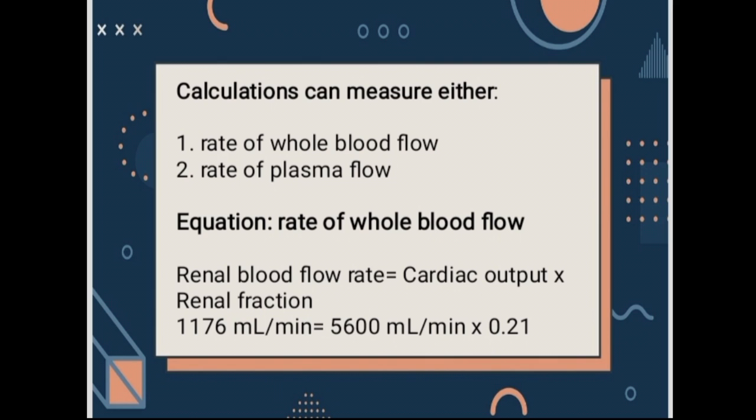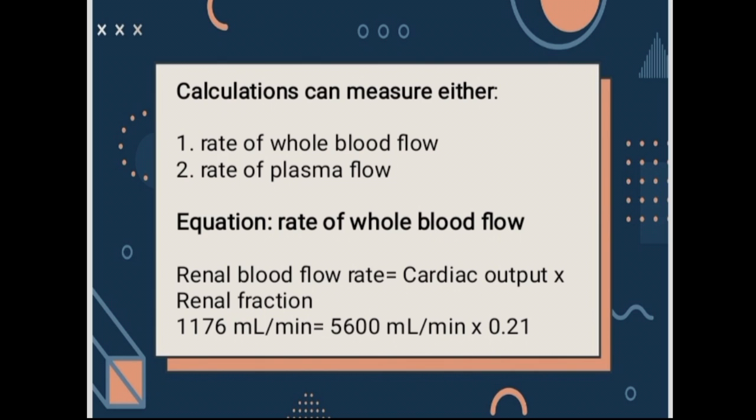To calculate the rate of whole blood flow through the kidneys, called renal blood flow rate, two pieces of information are necessary. First is the renal fraction, or 21%, and the second is the cardiac output, or 5,600 milliliters per minute.